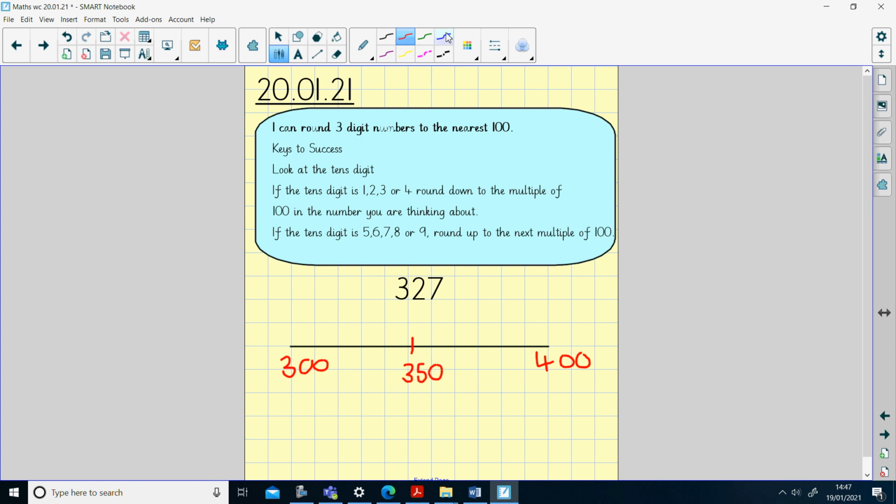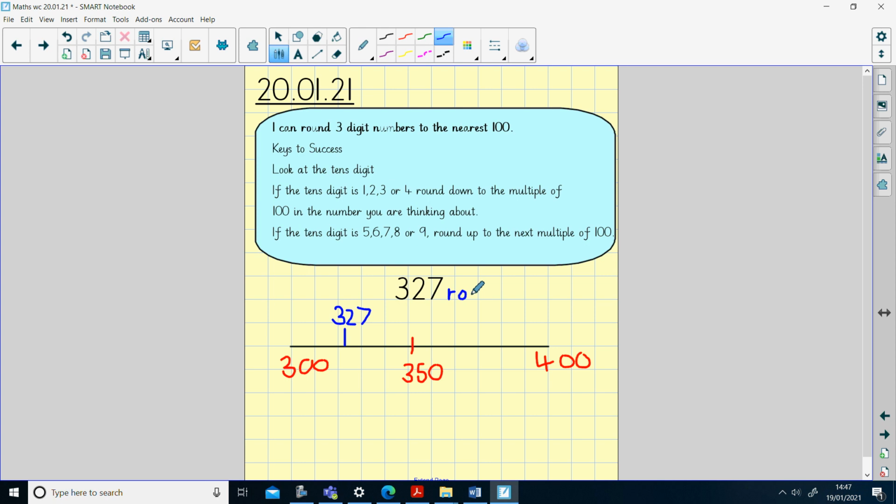And then I can decide where my number is that I'm thinking about. And I think that 327 is going to be about there. It's less than 350, so it goes on this side, and I can see that it's closer to 300 than it is to 400.